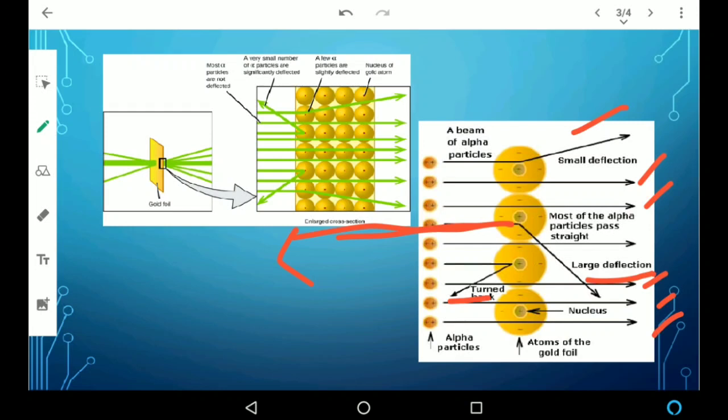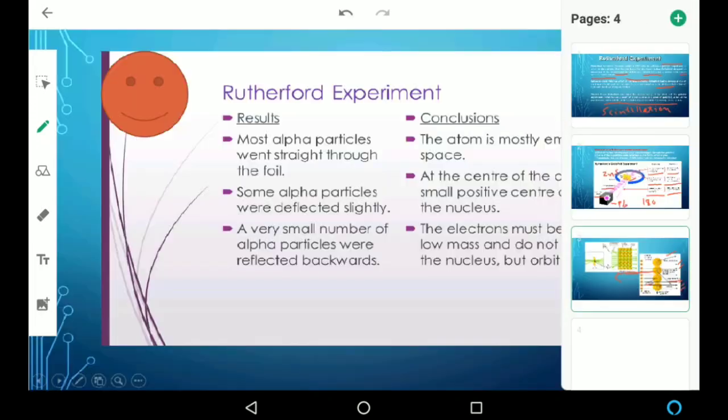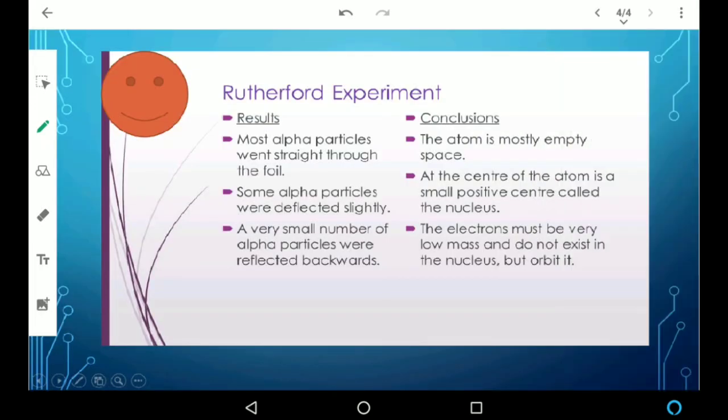So, ending this experiment, we can go to the conclusion of the experiment, that is, most alpha particles went straight through the foil. That means atoms are mostly empty. Some alpha particles were deflected slightly. That means at the center of the atom there is a small positive center which was further named the nucleus.